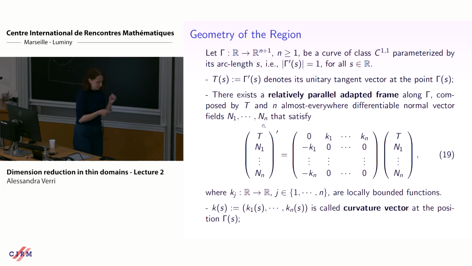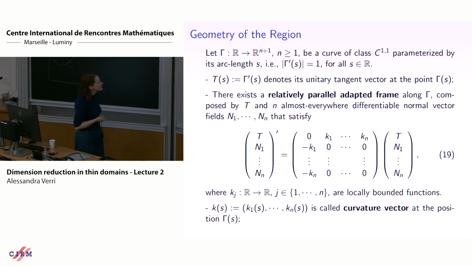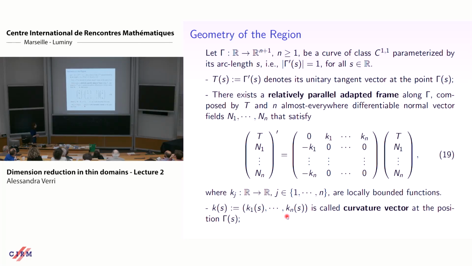This frame satisfies a relation as in this system in 19. Here we have this matrix, these scalar functions. They are the curvatures of our curve, and from them we define this vector Ks with these component functions, and we call it the curvature vector.